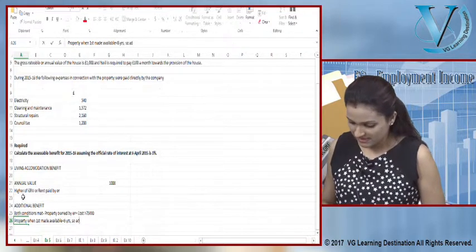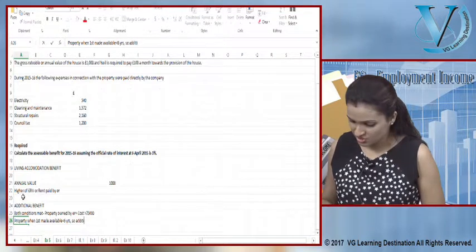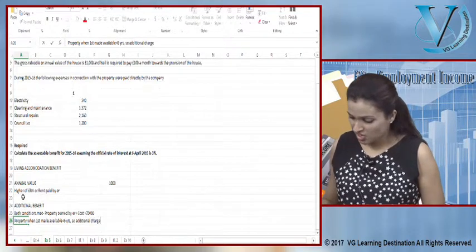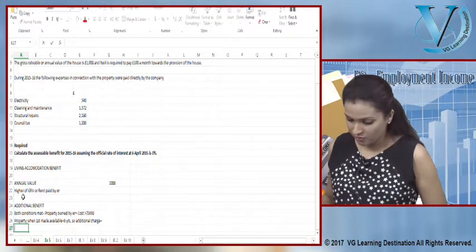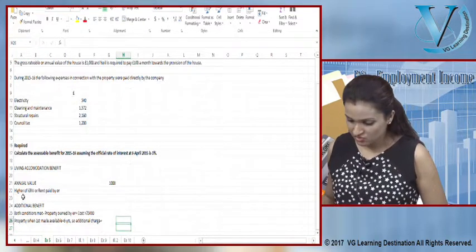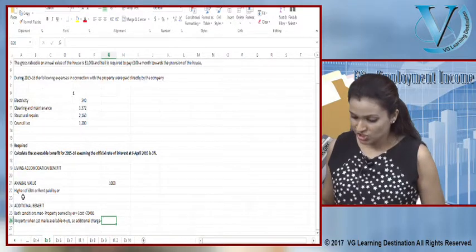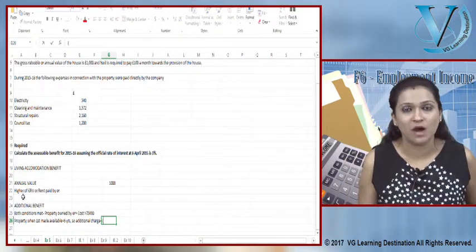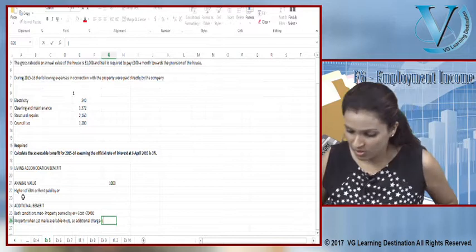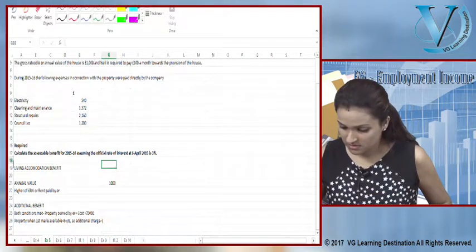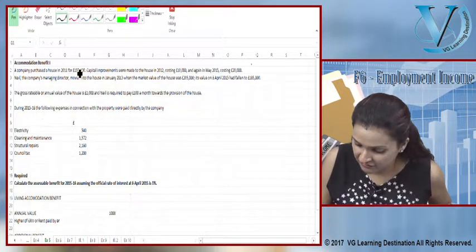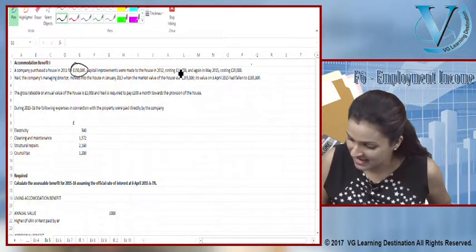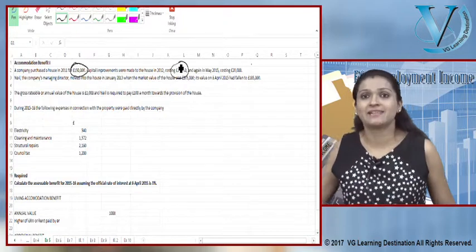So what is the value of the additional charge? Let me just write it here for you. The additional charge: you're going to take cost. Let's go back to the question. The cost is going to be equal to 150, the original cost, plus 10,000, which is 160,000.